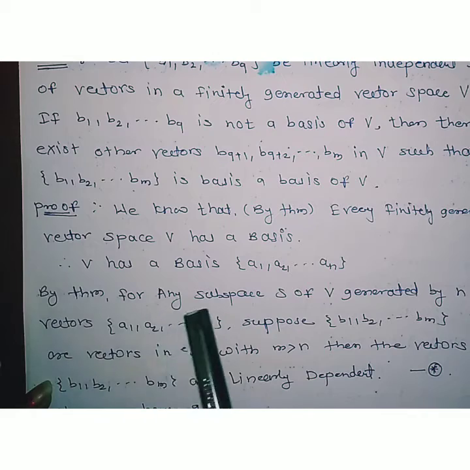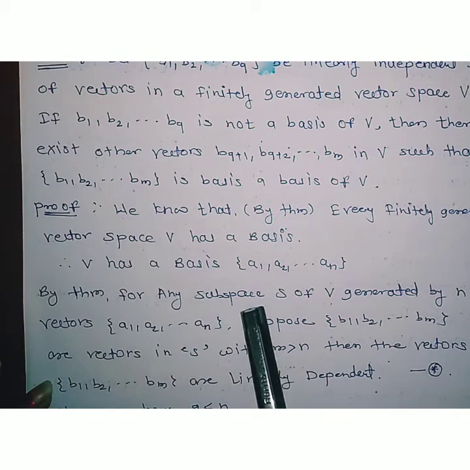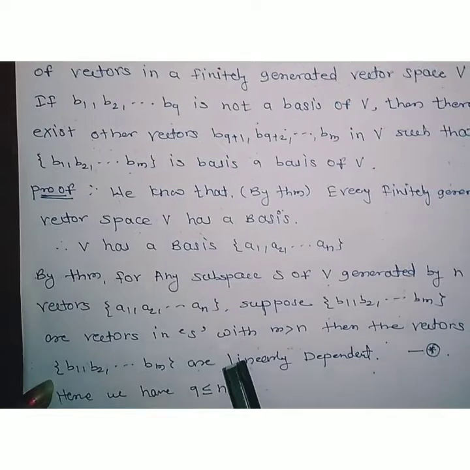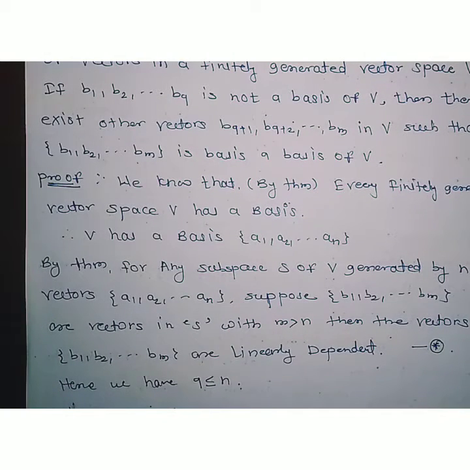Now by theorem, for which theorem? For any subspace S of V. These are all statements of the theorem. You have to look at the statements of all the theorems very carefully because they are used for proving other theorems.